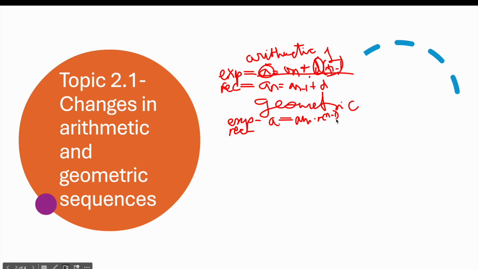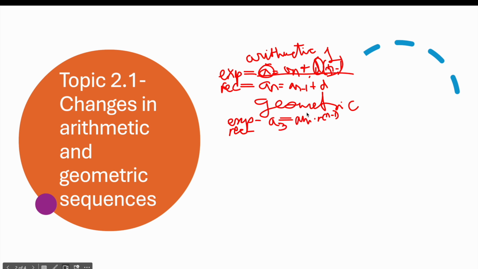So as we already know, guys, our geometric sequence is actually just like multiplication, right? The sequence in itself uses the previous number found multiplied by r, which is our ratio, hence r. So r to the power of n minus 1. So let's say we're on our third term, a sub 3.